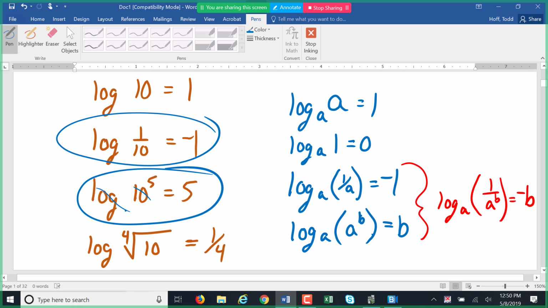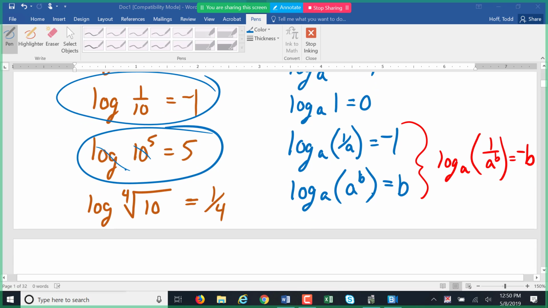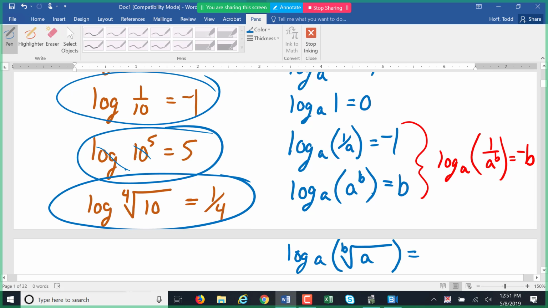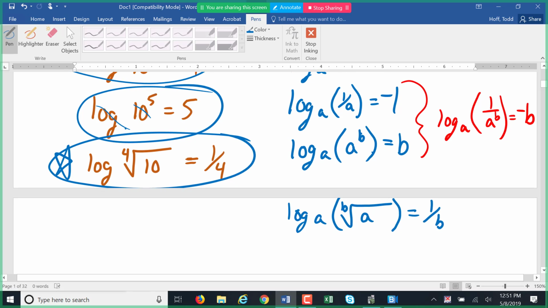And then the last one down here, log base A of the B root of A is always going to be what? One over B. And those are pretty standard common roots that we run into.